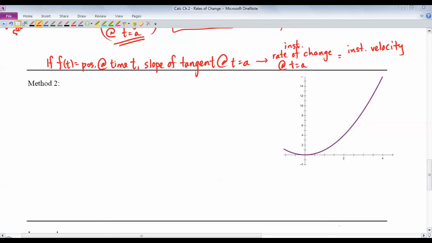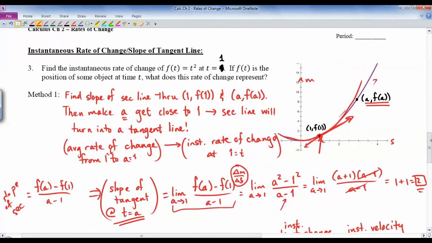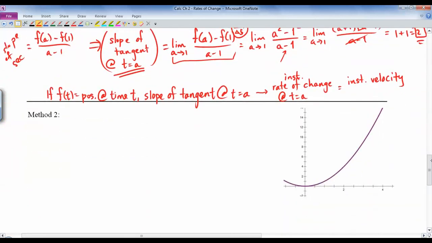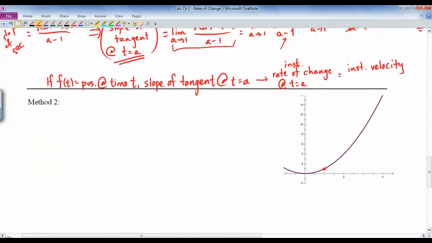Okay, now I want to look at a second method for doing the same problem as above, right? But instead of calling it f of a right here, I'm going to call it something else. So we're still looking for the slope at 1, f of 1. And I'm going to pick some other point over here and figure out its secant line equation for the slope, right?